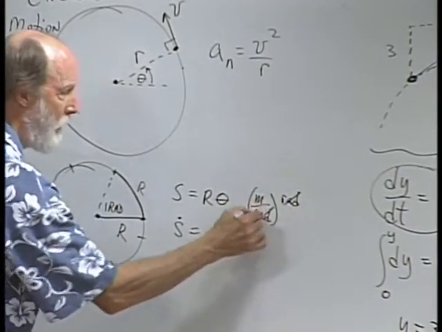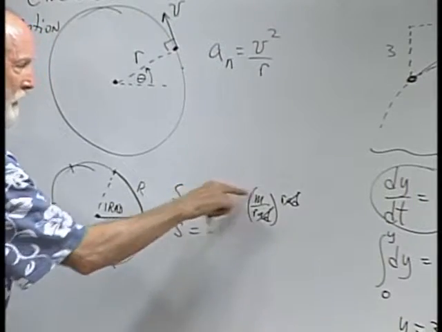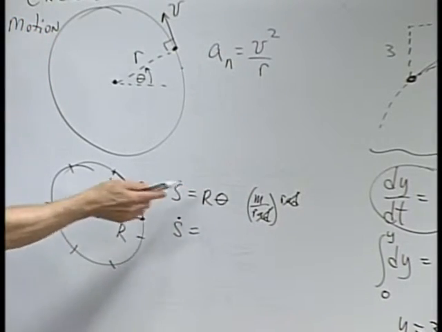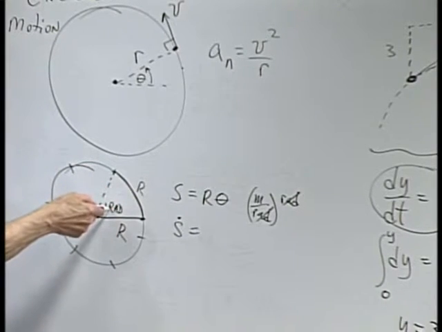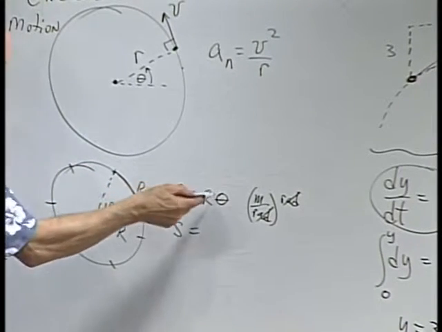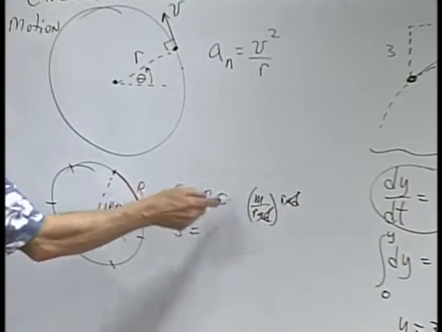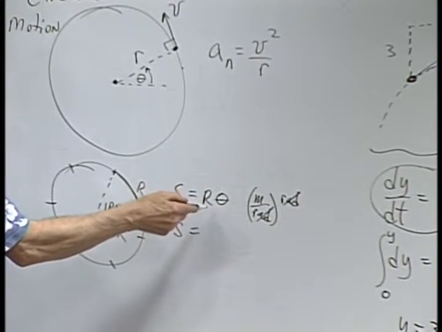That's the reason this turns out to be an arc length, because that radius measured in meters is equivalent to 1 radian of rotation. That's a conversion factor right there in this linear relationship.